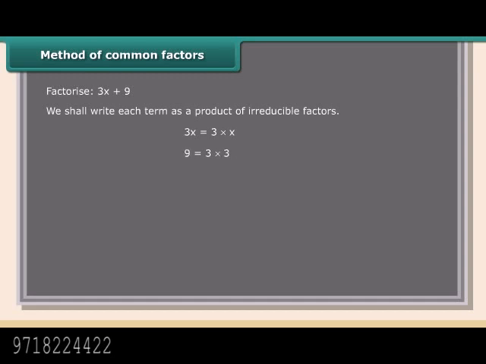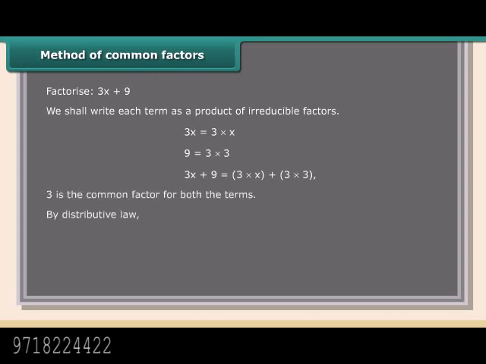Method of common factors. Factorize 3x + 9. We shall write each term as a product of irreducible factors. 3x is equal to 3 × x. 9 is equal to 3 × 3. 3x + 9 is equal to 3 × x + 3 × 3. 3 is the common factor for both the terms.